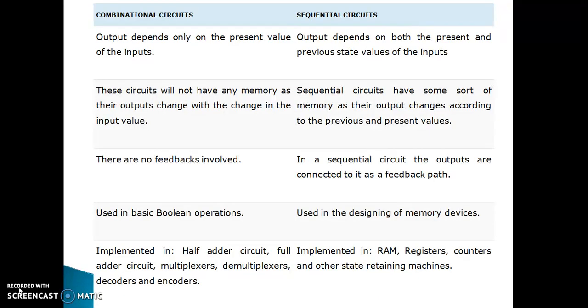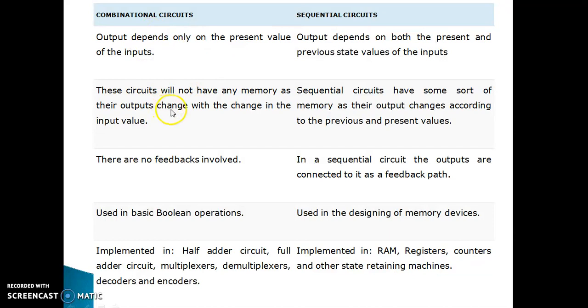So simply, if you compare the combinational and sequential circuit, in the combinational circuit the output depends only on the present value of the input, whereas in the sequential circuit the output depends on both the present and the previous state of the input.